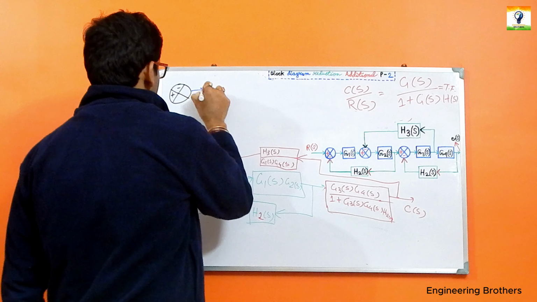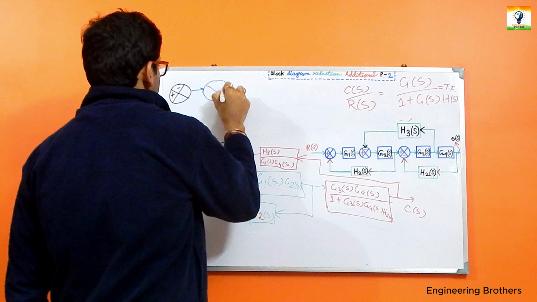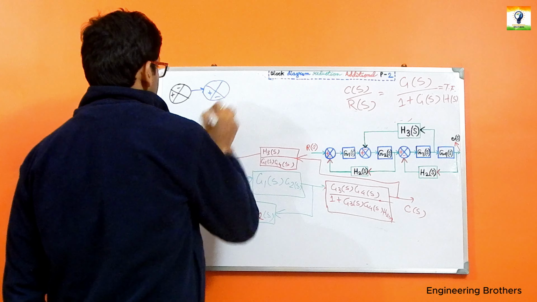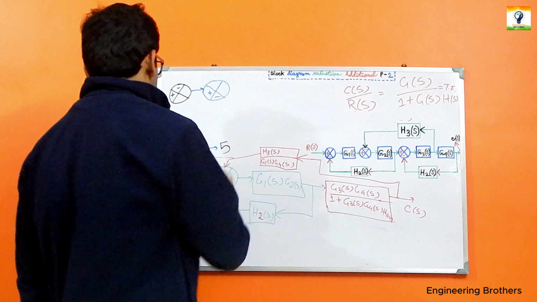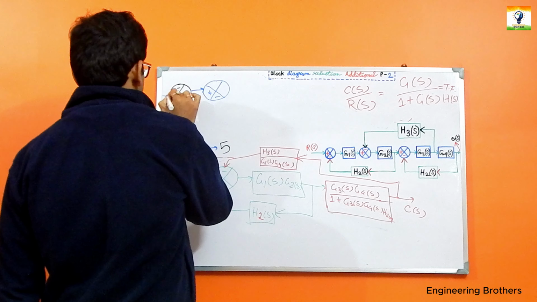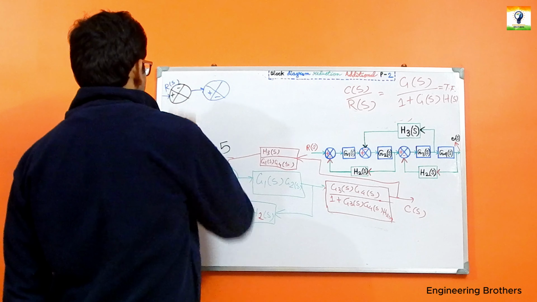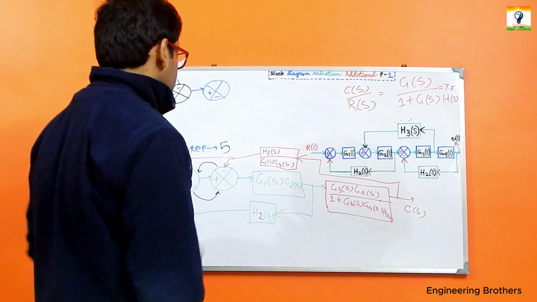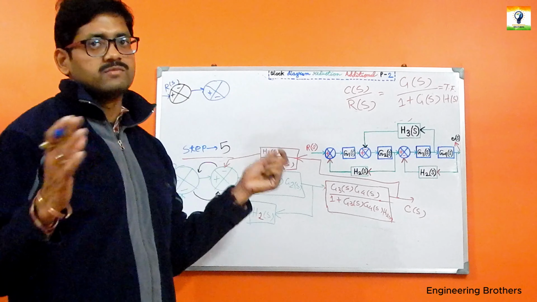Now this one is our plus, this is minus, and quite naturally this one seems to be our RS, as we have shifted that one. And how do I shift that considered part over here? This is the simplest one.